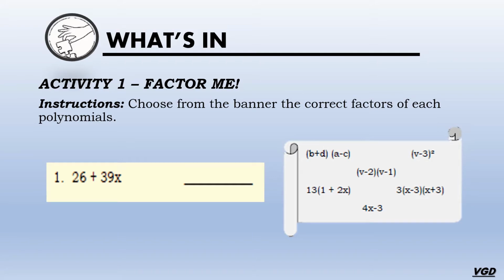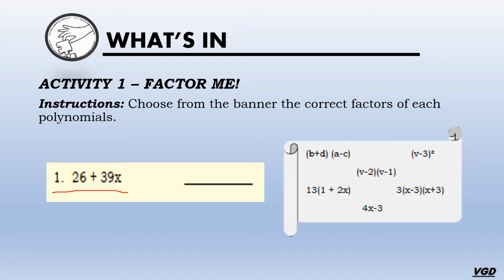Now let's proceed to number 1, 26 plus 39x. As you can see, number 1 is a binomial. So, to get the factor of number 1, all we have to do is to get the greatest common monomial factor first and the remaining factor. So in this case, our greatest common factor for 26 plus 39x is 13, and our remaining factor is 2 plus 3x.